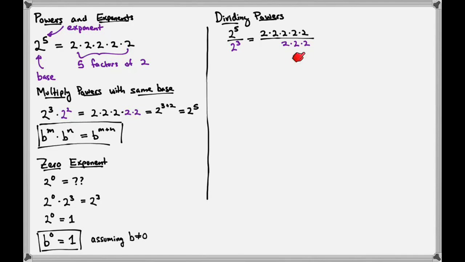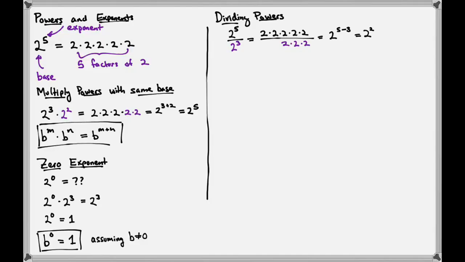Any common factor would cancel out here, so 3 of the factors in the numerator would cancel with the 3 in the denominator. I started with 5, I'm going to lose 3, so I need to subtract the exponent. It'd be 2 to the 5 minus 3, or 2 squared.